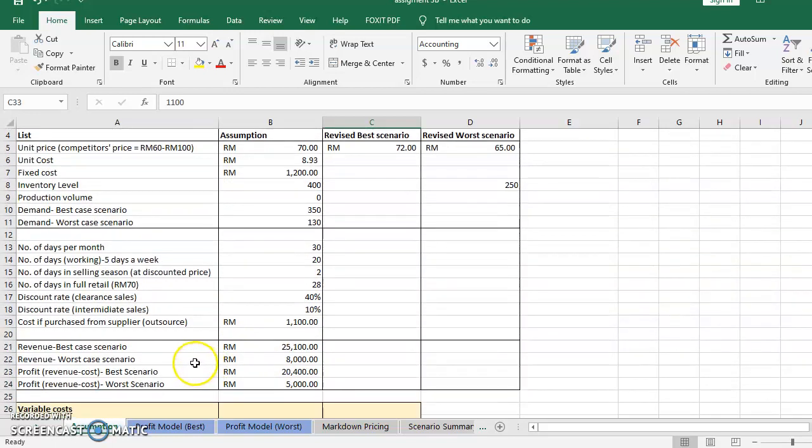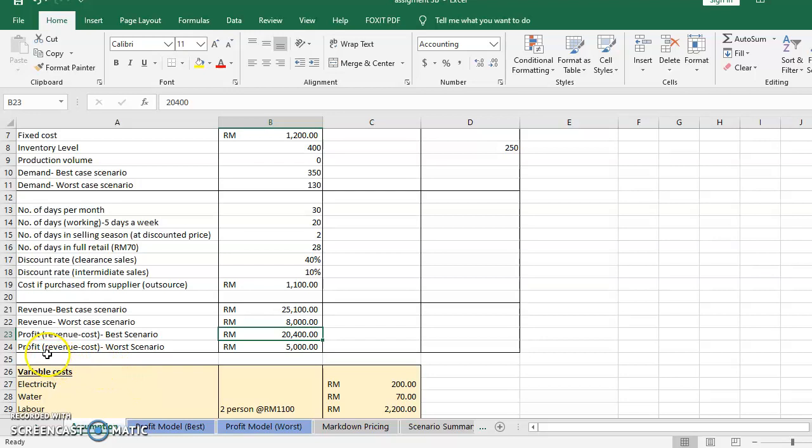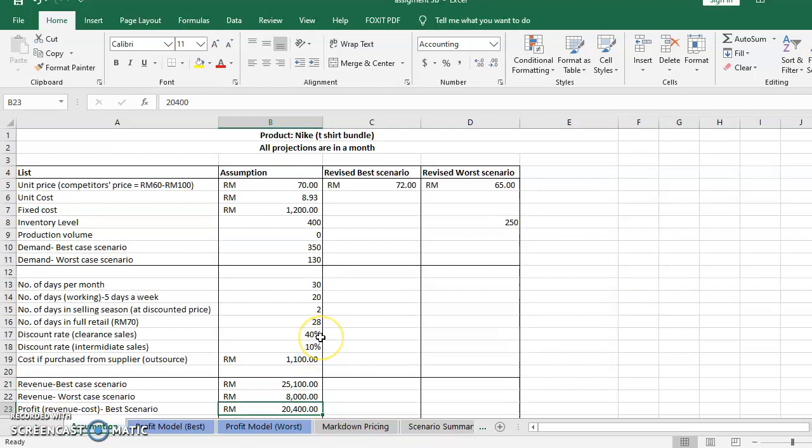For the revenue, my base case scenario assumption is 25,100, and my worst case scenario revenue is 8,000 ringgit. My profit for the best scenario is 20,400, and my worst scenario profit is 5,000 ringgit. So this is the revised best scenario and the revised worst scenario, which I will explain on the next sheet.